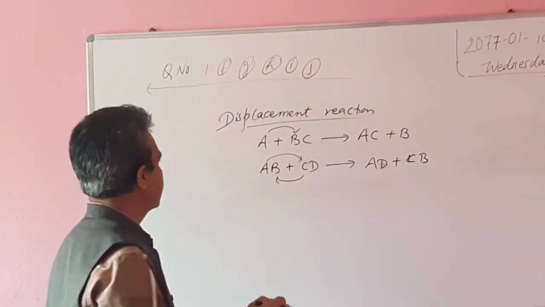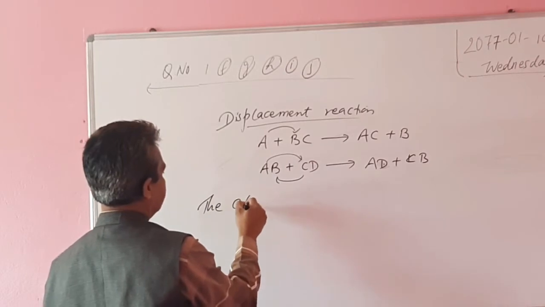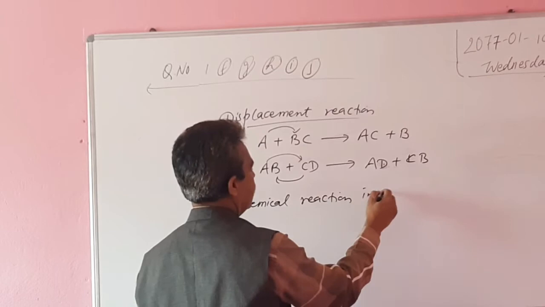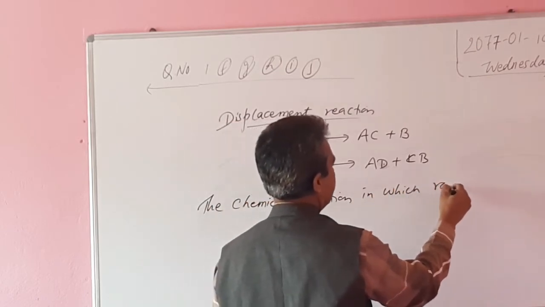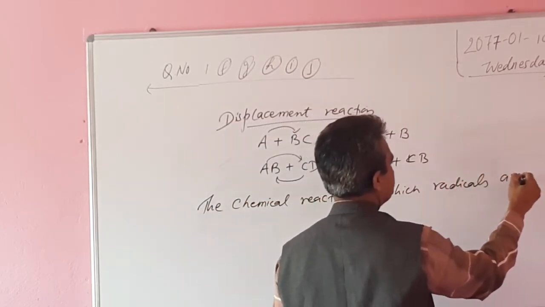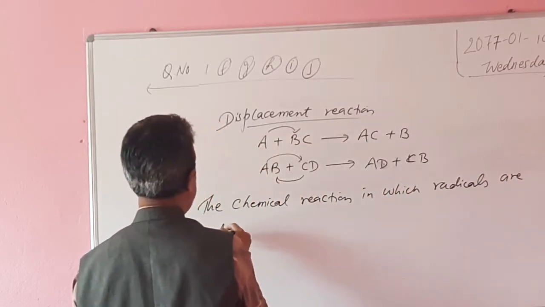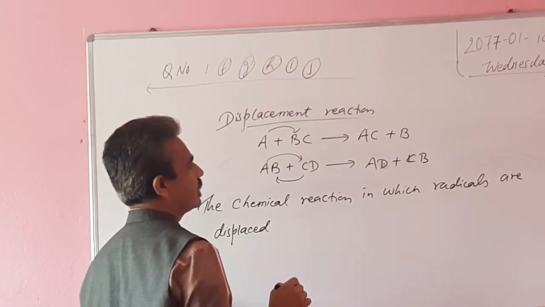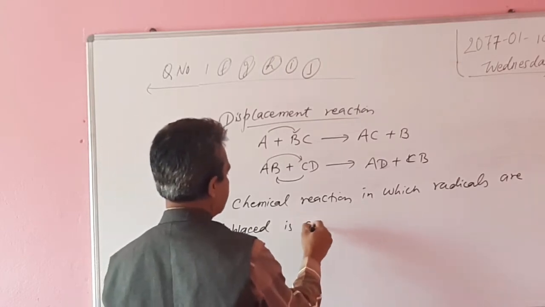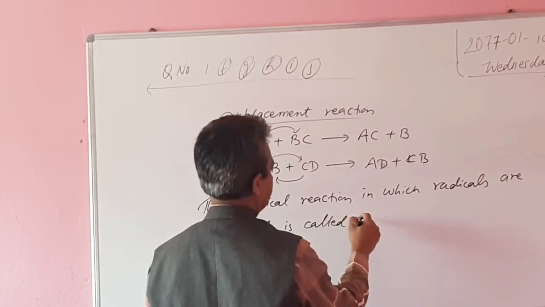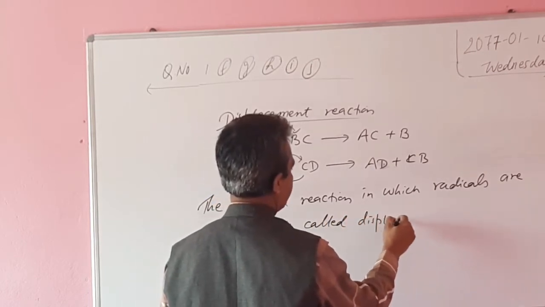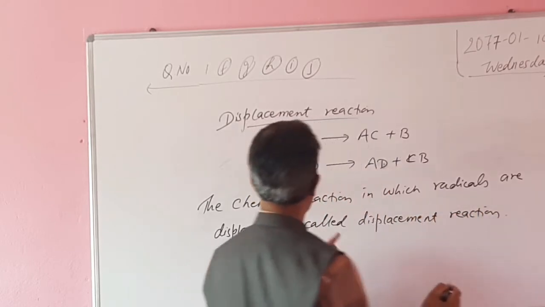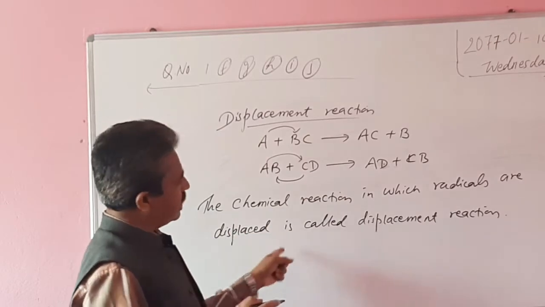I will give the example too. So the chemical reaction in which radicals are displaced is called displacement reaction, or you can say the chemical reaction in which radicals are displaced and replaced.